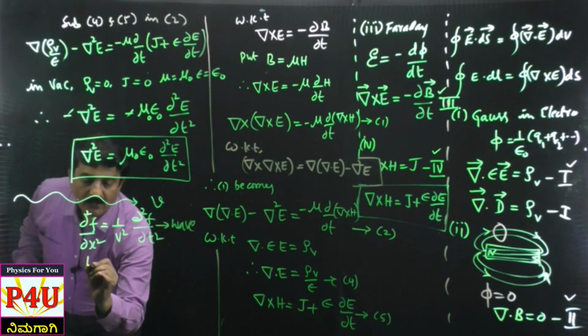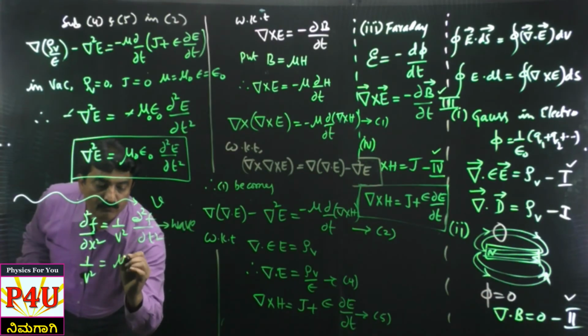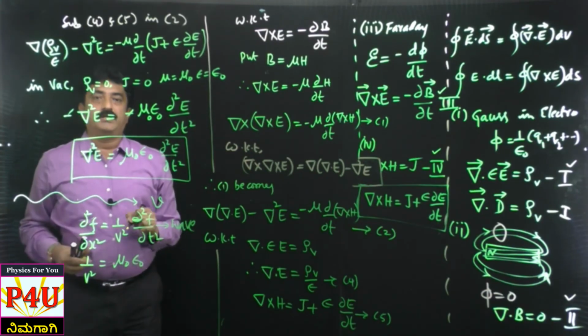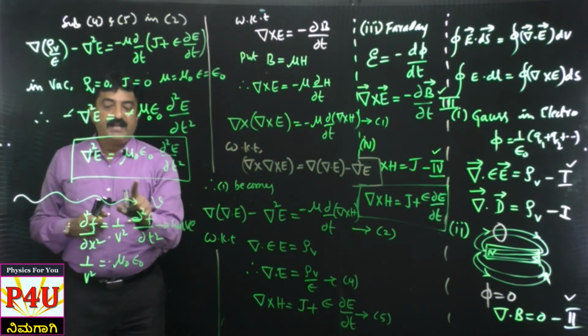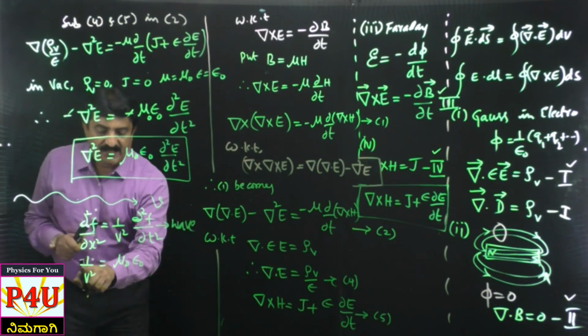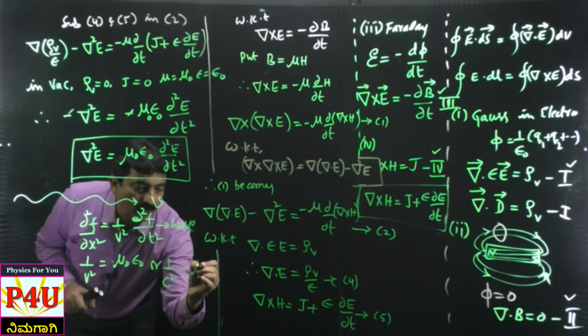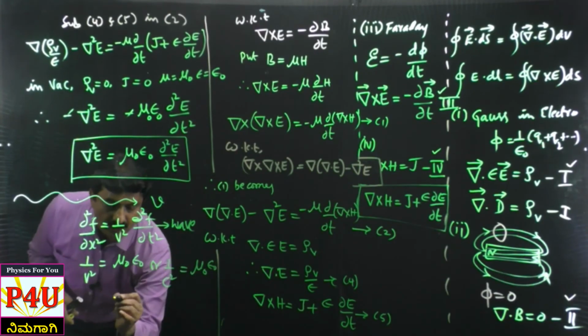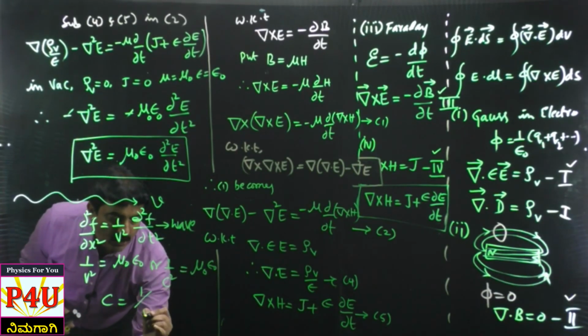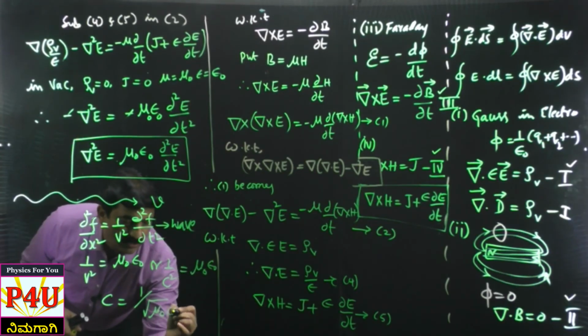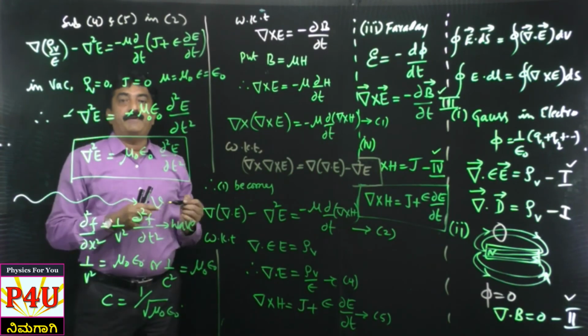Therefore we can write 1 by V square is equal to mu naught epsilon naught. Since velocity of light is represented by c, I rewrite this as 1 by c square is equal to mu naught epsilon naught, or c is equal to 1 divided by root of mu naught epsilon naught, that is the speed of light.